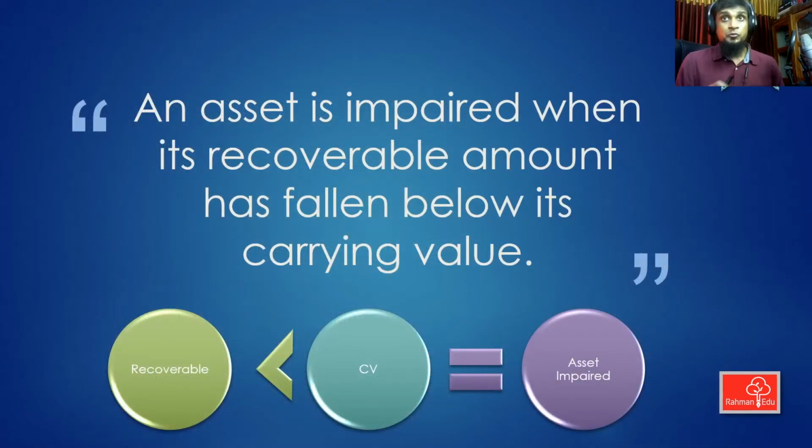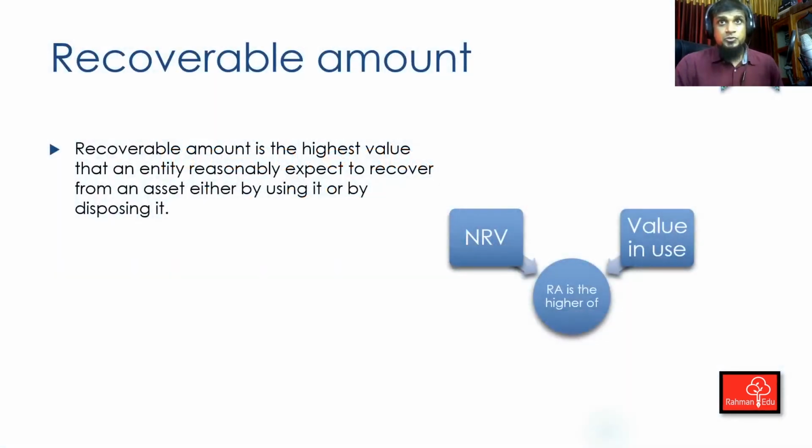Then let's move on to our next topic. When the asset is impaired. The asset is impaired when the recoverable amount is lower than the carrying amount. You are showing that asset for 50. You can recover only 30. That asset is impaired. Very easy thing to do, and the impairment loss will be the difference between the recoverable amount and the carrying value.